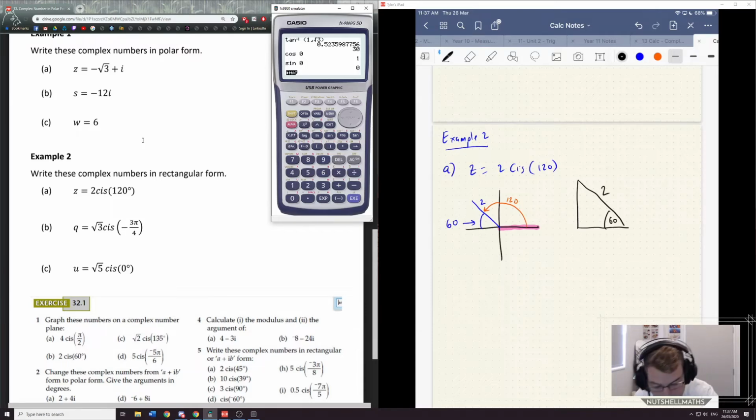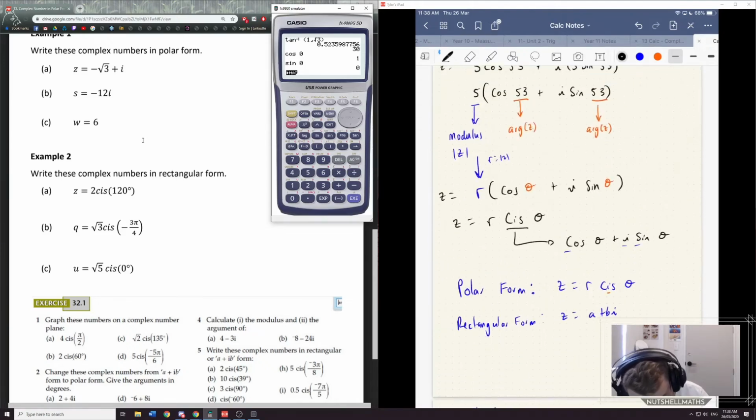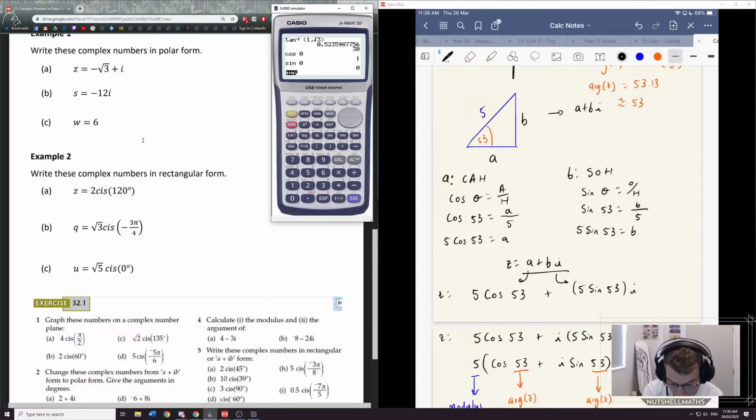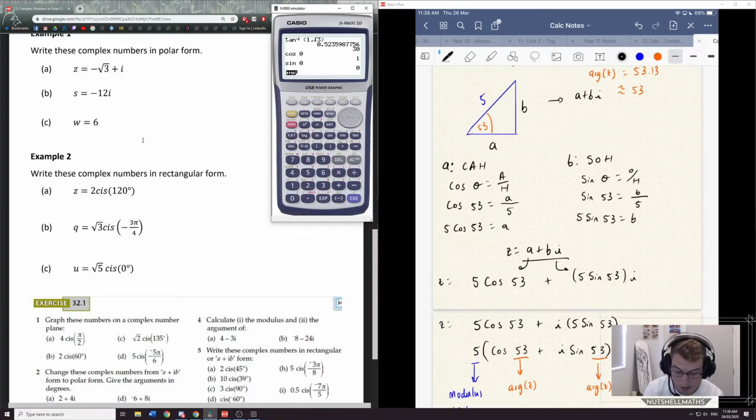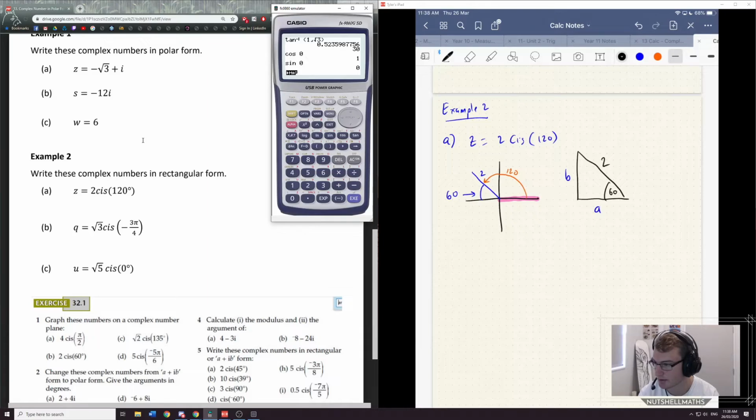Now remember, a plus bi, a is always going to be this bottom side, and b is always going to be the opposite side. You could even scroll back up to your definitions, where we found that a was r cos theta and b was r sin theta. But let's do it manually first before we take any shortcuts.